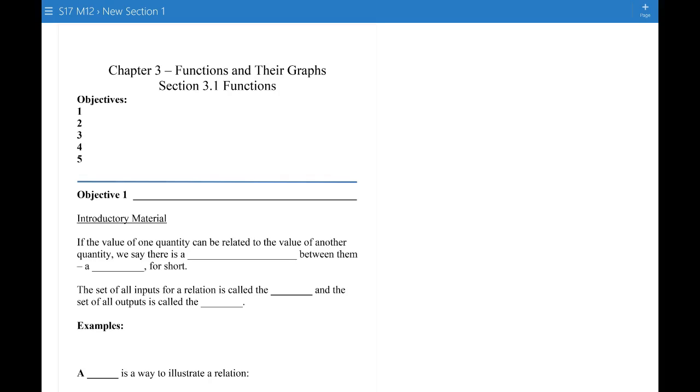Then we're going to find the domain of a function defined by an equation. And the last objective is going to be to form the sum, difference, product, and quotient of two functions.